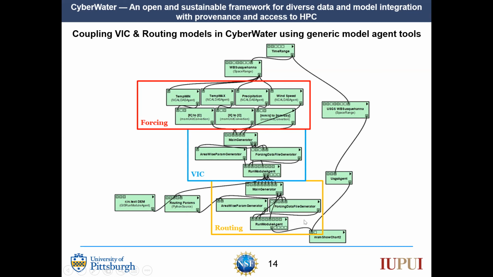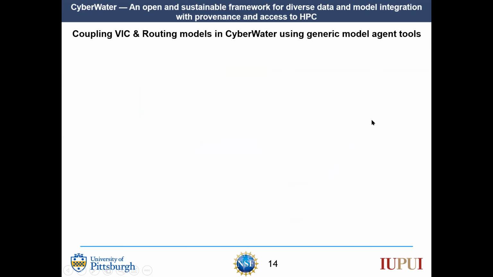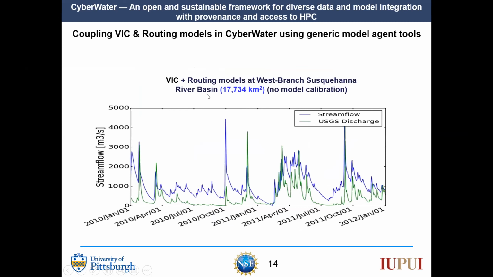In this workflow, we apply it to a different watershed from the previous example. In this case, it is the West Branch Susquehanna River Basin, which is rather large, more than 17,000 square kilometers.